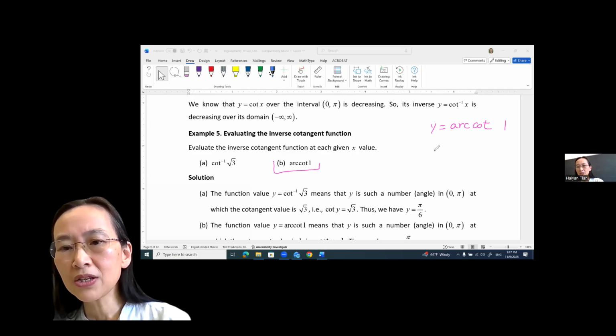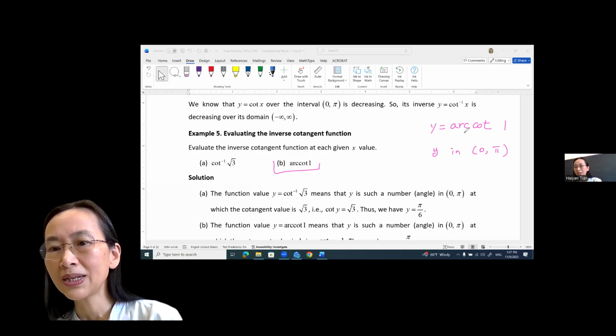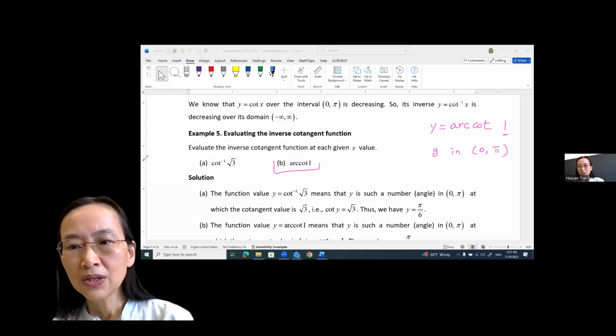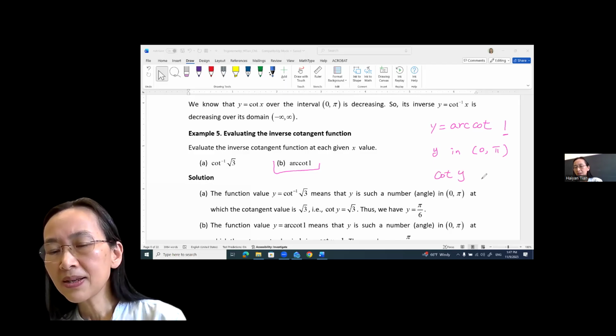So what we're still thinking, this y is a value in the range, right? This value is in this interval. So what is this particular y if we want to evaluate? This is a value of the inverse cotangent when the input x is 1. So this particular y must satisfy this: cotangent y is 1.